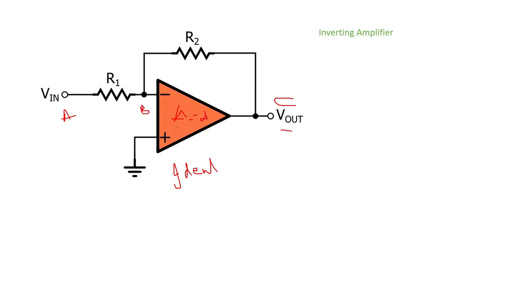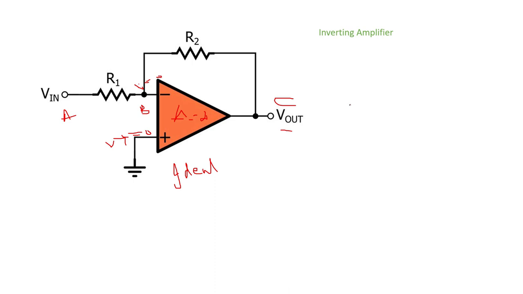In that case, the voltage at the positive terminal will be equal to 0. Similarly, V plus is equal to V minus in the ideal case, so V minus will also be 0.